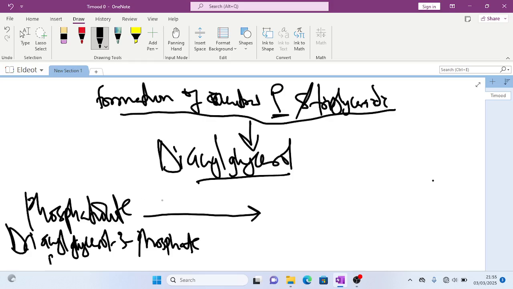The enzyme that catalyzes this dephosphorylation is the enzyme phosphatase.